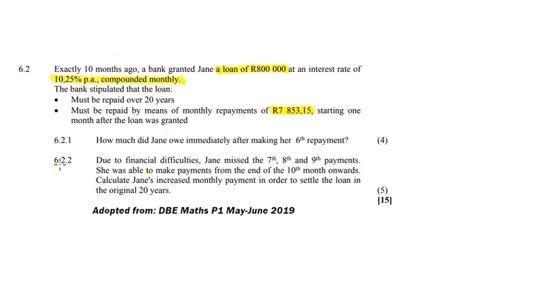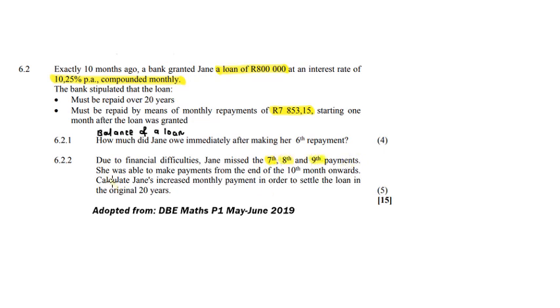Question 6.2.1: we have to calculate how much Jane is owing immediately after making her sixth repayment. This part is simply testing us on the balance on the loan. Then on the next question, we're told that due to financial difficulties, Jane missed her 7th, 8th, and 9th payments.